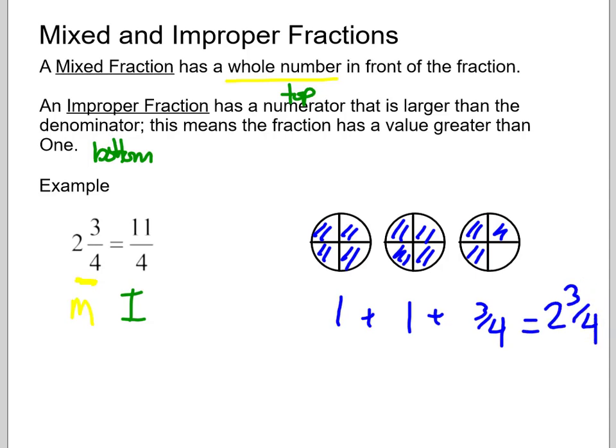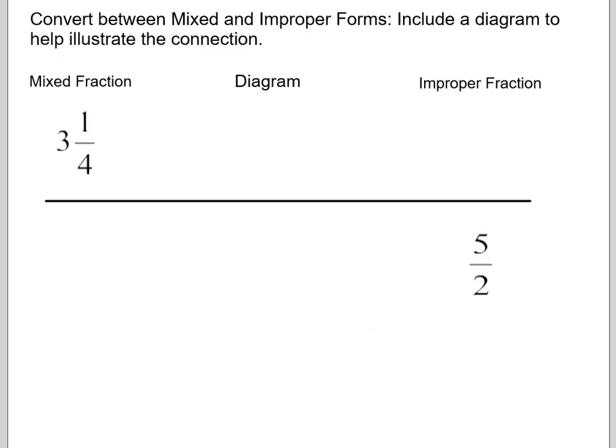Or if you counted the number of quarters, there's 1, 2, 3, 4, 5, 6, 7, 8, 9, 10, 11 quarters. So you can see these two things are the same. Okay, they have different appearances, but they have the same value. Okay, so sometimes a diagram can really help with these. I'll show you how to move between mixed and improper.